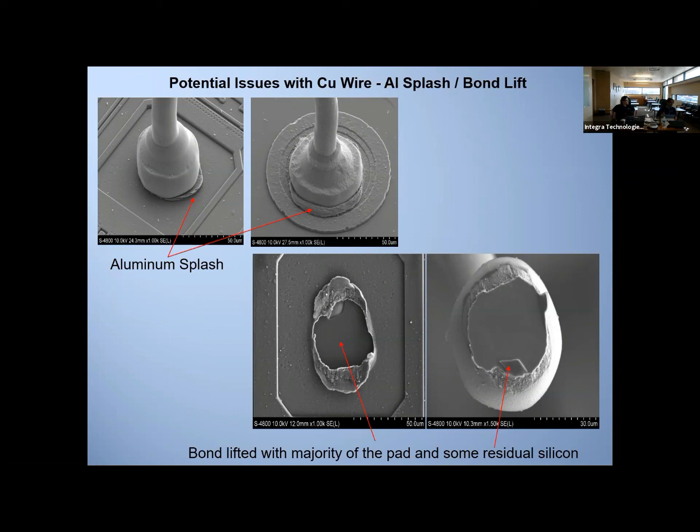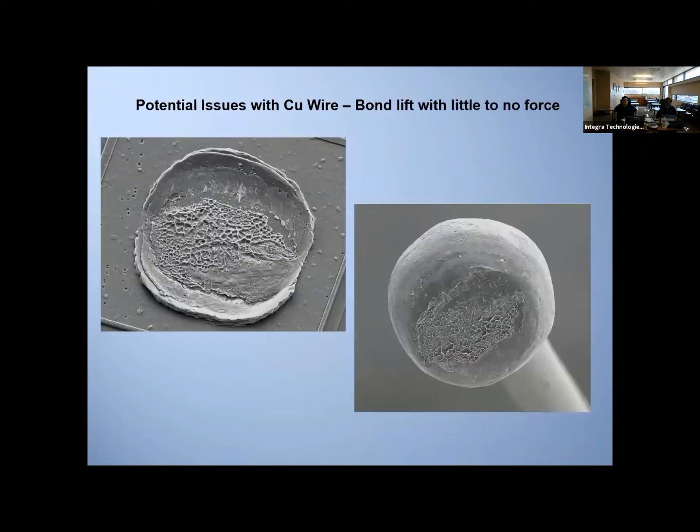You want that during the bond pull test, you want the wire to break at a certain place by the neck or something like that. You don't even want it to be breaking in the middle. But if it doesn't break and it pulls the whole or some portion of the bonding pad out, that shows a fundamental developmental issue, a design issue of the process of gold bond wire. Yeah, that's a good case.